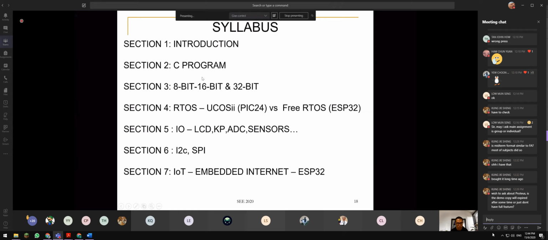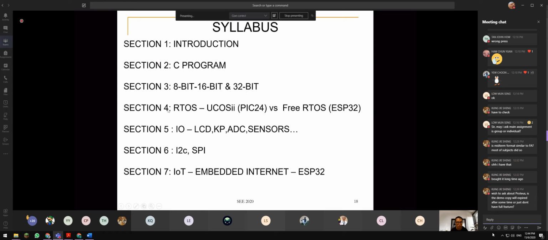When you learn C programming, we also learn some Arduino C programming. Then in section 3 we will touch 8-bit, 16-bit, and 32-bit microcontrollers. 8-bit is definitely the MCS51 family, and you are quite familiar with the PIC18. 16-bit is PIC24. For 32-bit, we are touching on ESP32.